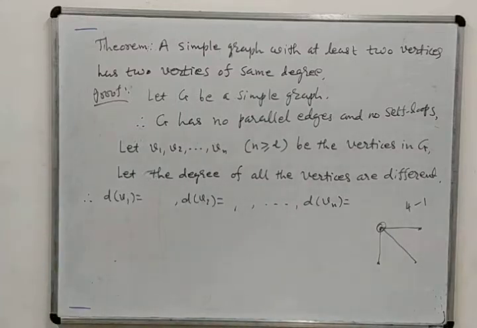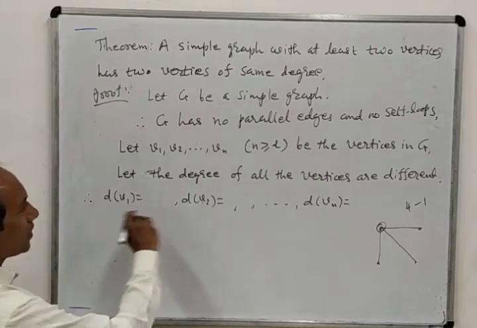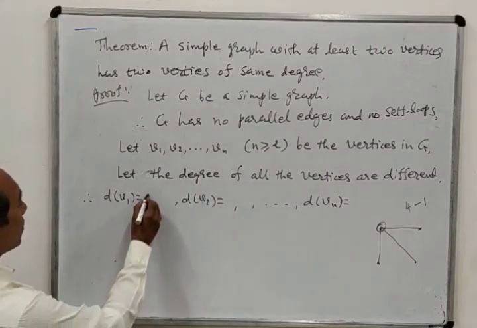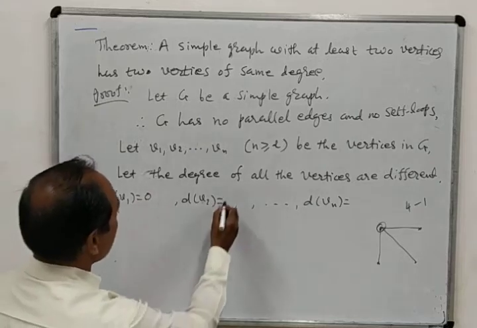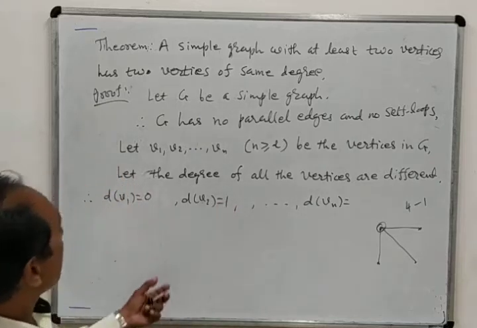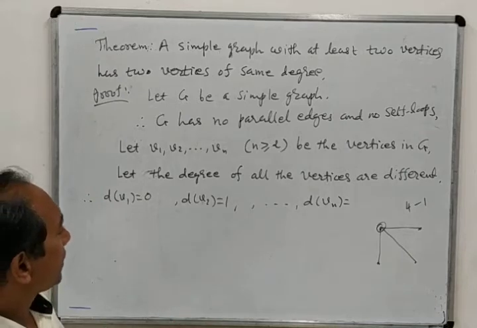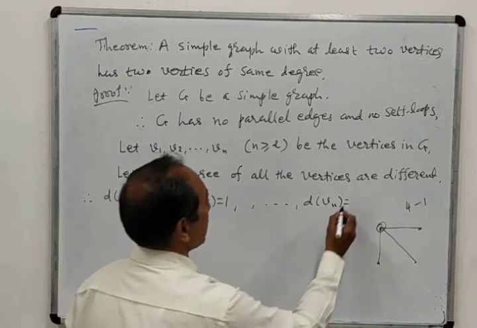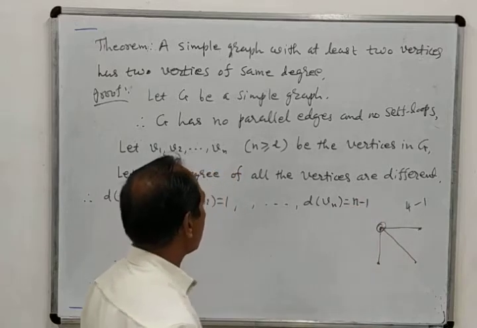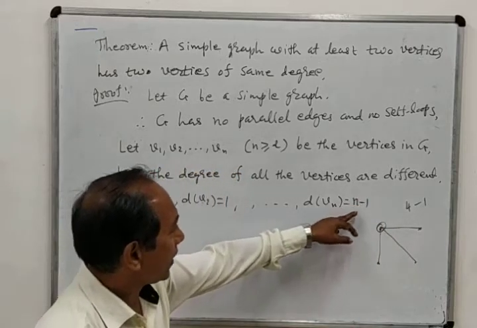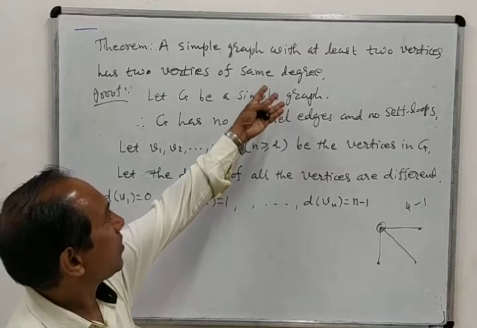other vertices. So it has minimum degree, suppose 0, but we are assuming that all the degrees are different. So suppose it is 0, it is 1, degree of V3 is say 2, degree of V4 is say 3, then it has degree say n minus 1, because if we consider the degree n minus 1 to each of these, then it can be proved directly.